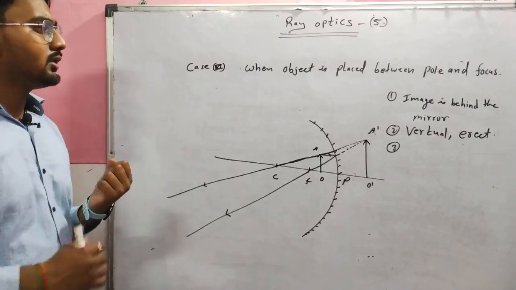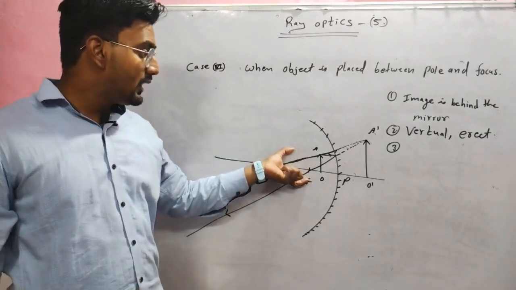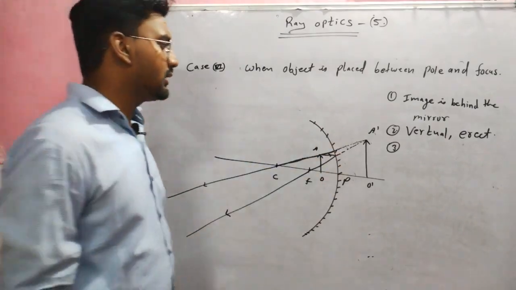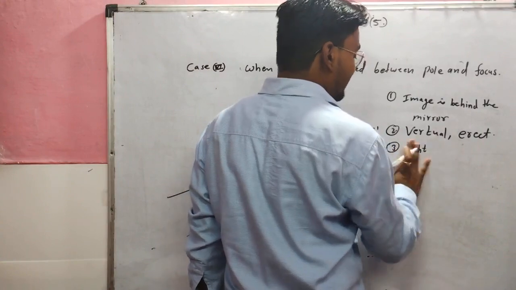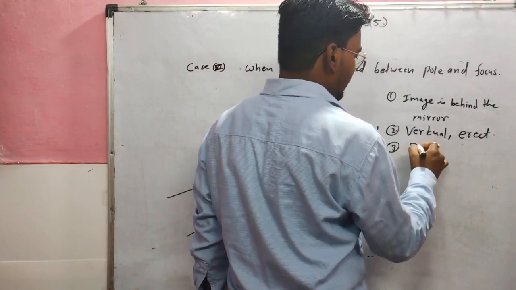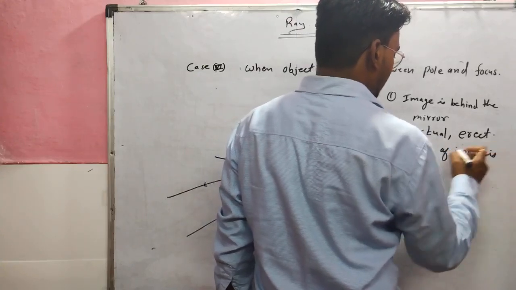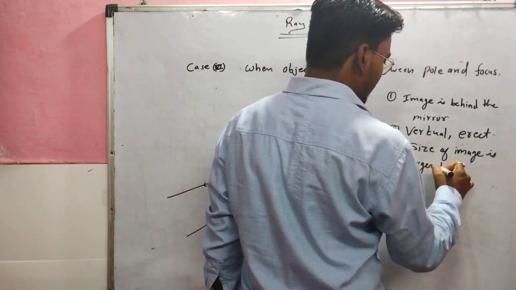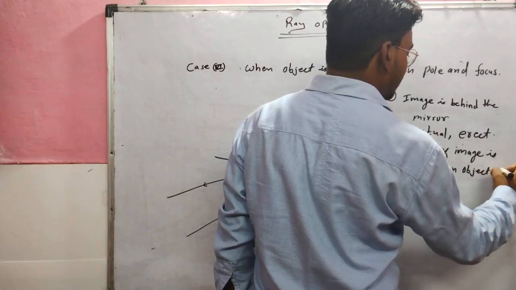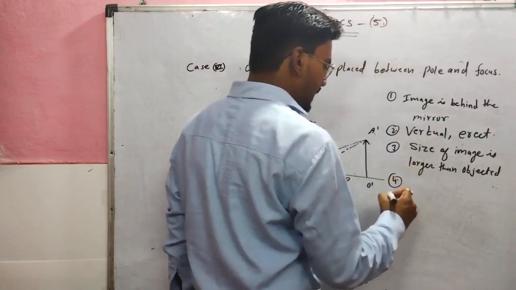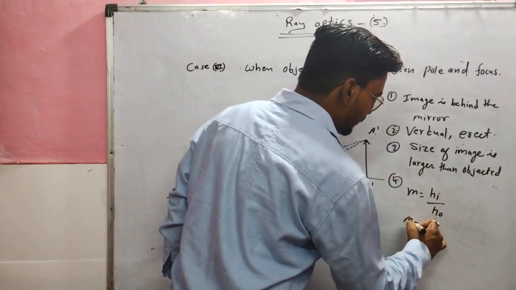And in virtual and erect image, the height of the image is larger than the height of the object, means the size of image is larger than object, means magnified image we can say. And here we see that magnification is height of image to the height of object.